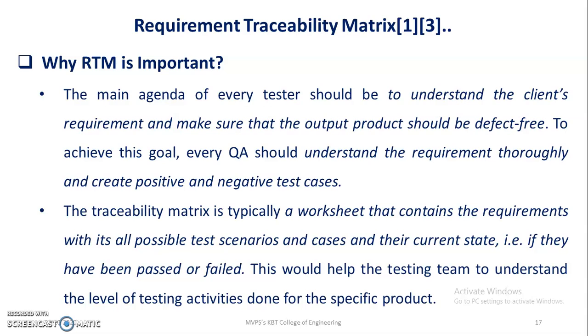To achieve this goal, every QA should understand the requirements thoroughly and create positive and negative test cases. This means that the software requirements provided by the client have to be further split into different scenarios and further into test cases, and each of these cases has to be executed individually.